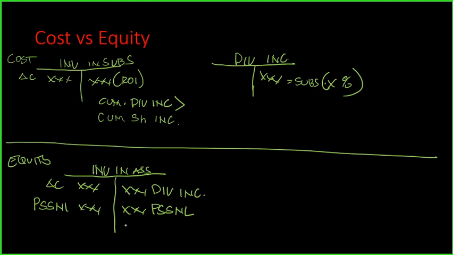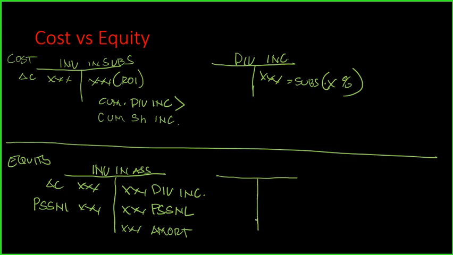Also, if there are amortizations of excess, that will also reduce your investment in associates. Okay, may shortcut yan actually.